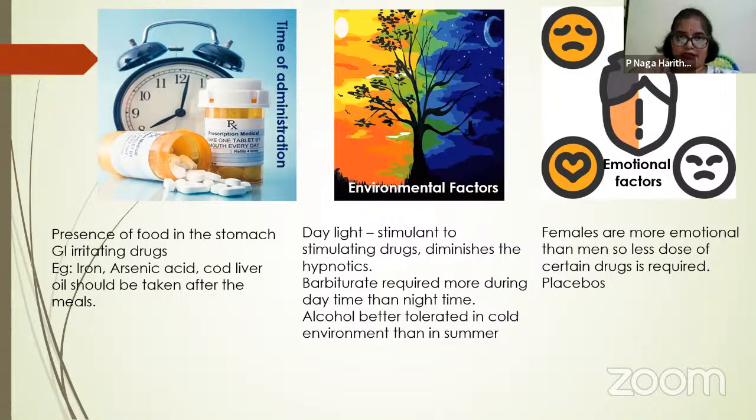We just give that drug to see whether the patient is satisfied with it or not, because sometimes the patient feels that only after taking the medication they are happy. So if you give the placebo and the patient is still happy without the active pharmaceutical ingredient, then the emotional factors are definitely affecting the dose of the drug. That is how we see that emotional factors affect the dose.